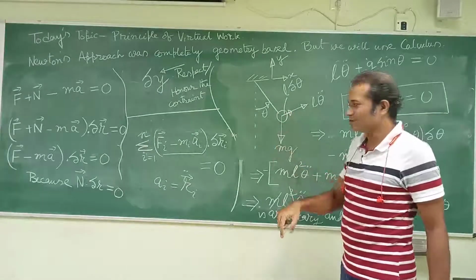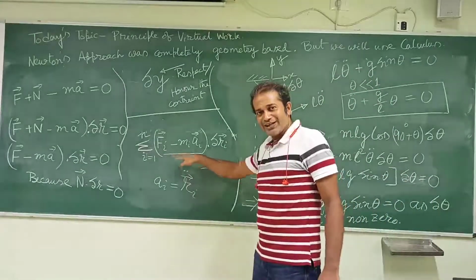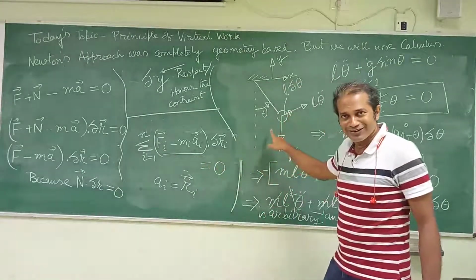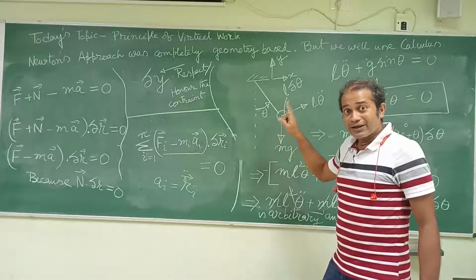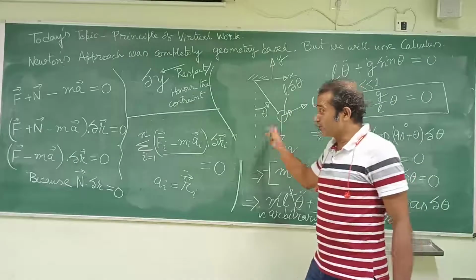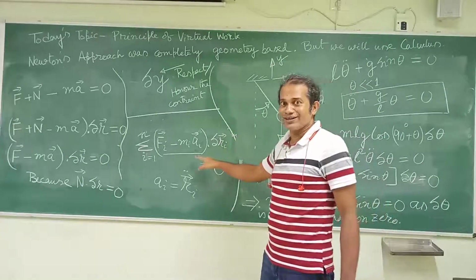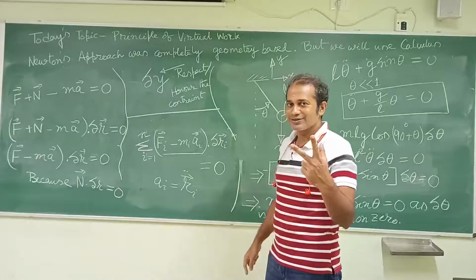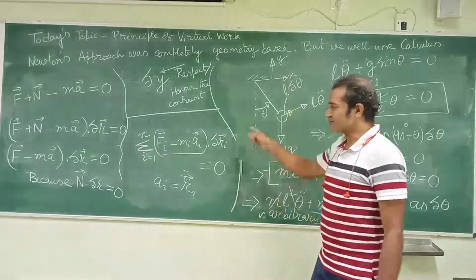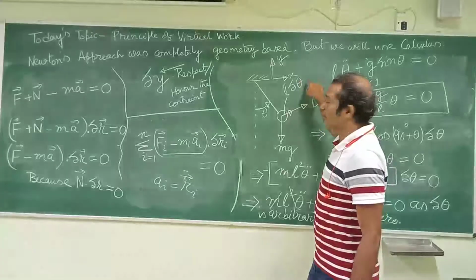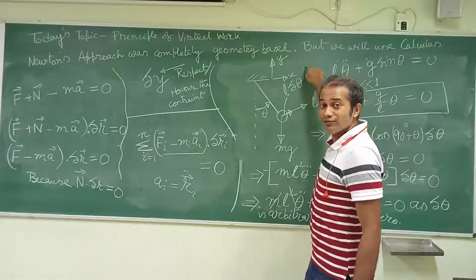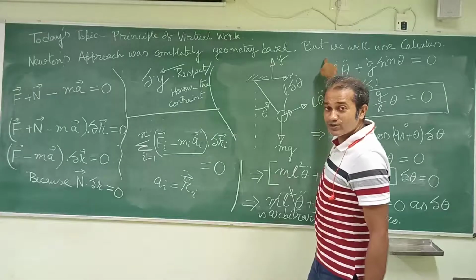But if you do so, you are going to get an equation in terms of x and y. Please keep in mind that you might be misled with two equations, which is wrong, because you are forgetting that there exists a constraint. The constraint is square root of x squared plus y squared is equal to l squared.